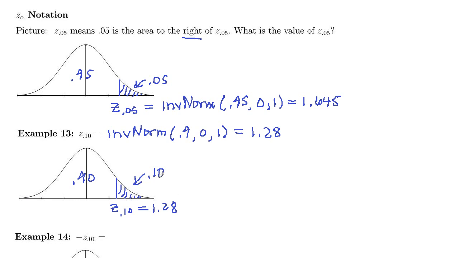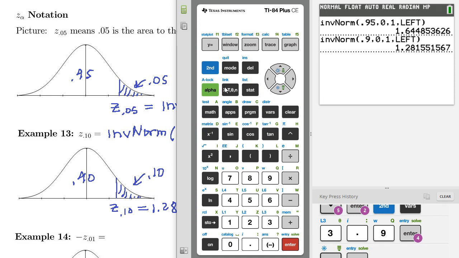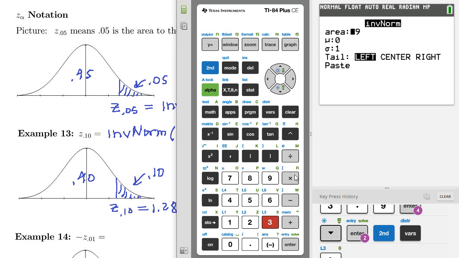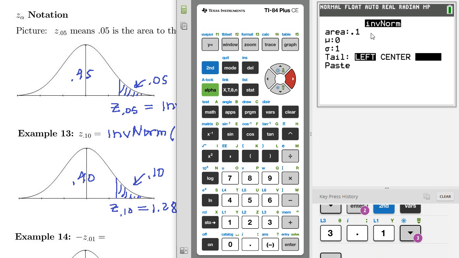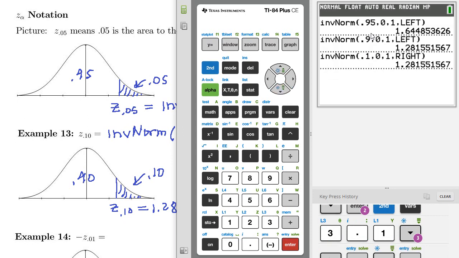Now notice here that 0.10, if you have the left, right, center menu on your calculator, so if I go back here to the second variables and option 3, if you've got the left, right, center here, you could put in the right area. So I could do right area of 0.1, but then I'd have to come down here and change it to right. And then I can paste it, and I get my same 1.28.